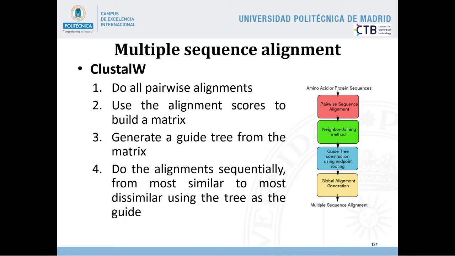First, it builds all pairwise alignments to get the scores. Then it uses the alignment scores to build the matrix. From that matrix, it generates a tree, and then it does the alignment sequentially from the most similar to the most dissimilar, using the tree as the guide.